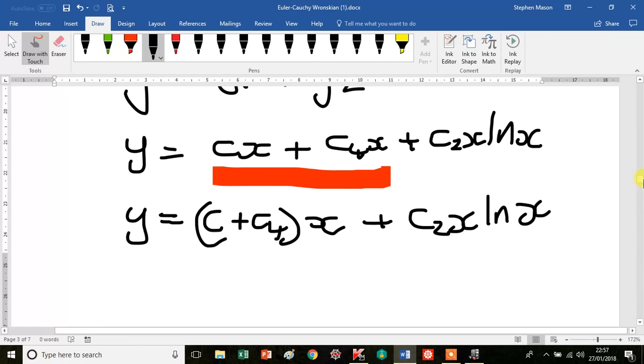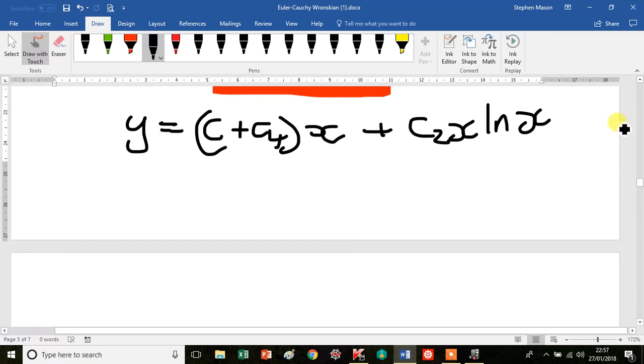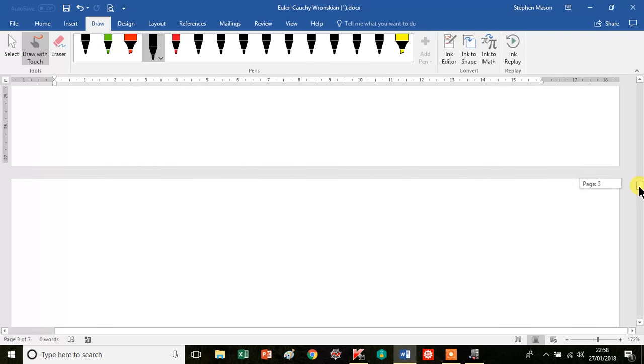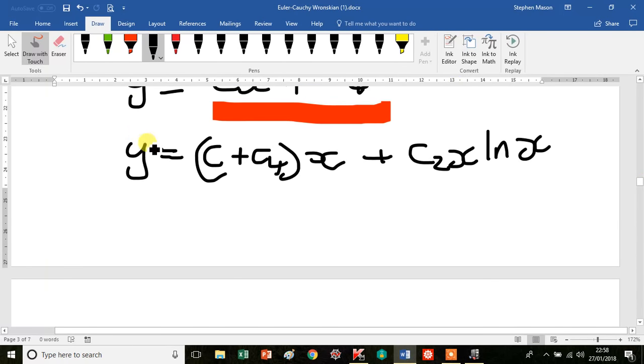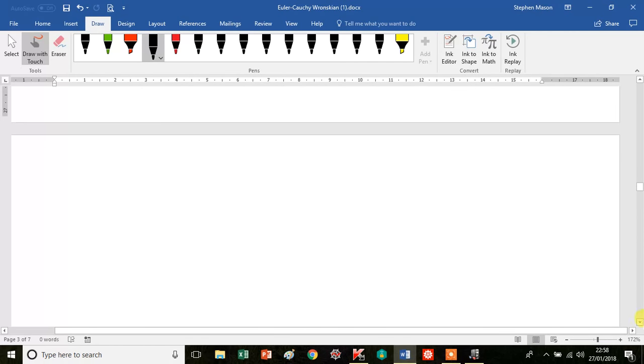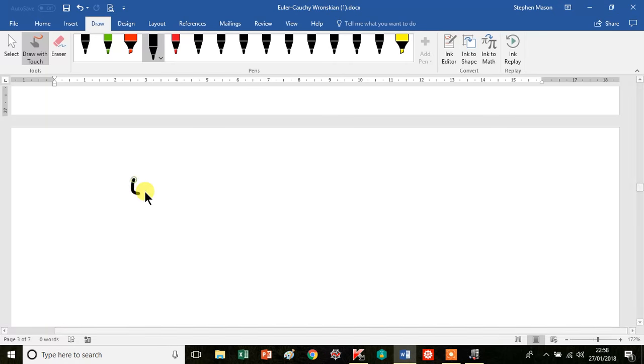Right, well, we've basically found the general solution, because all we need to do is put some constant equal to c plus c4. You might have met this sort of thing before, where one of the linearly independent solutions becomes absorbed into the other linearly independent solution, and that often happens with these kinds of problems.